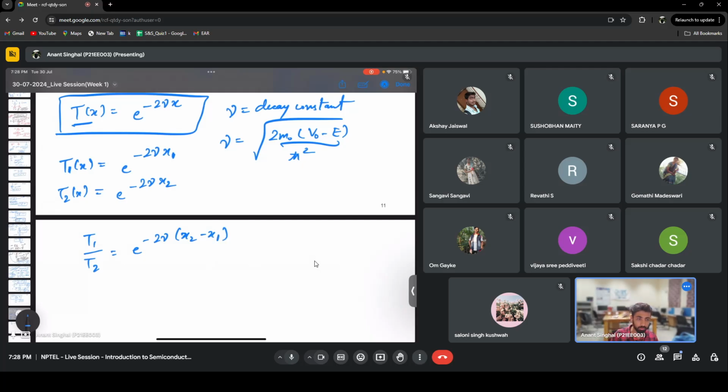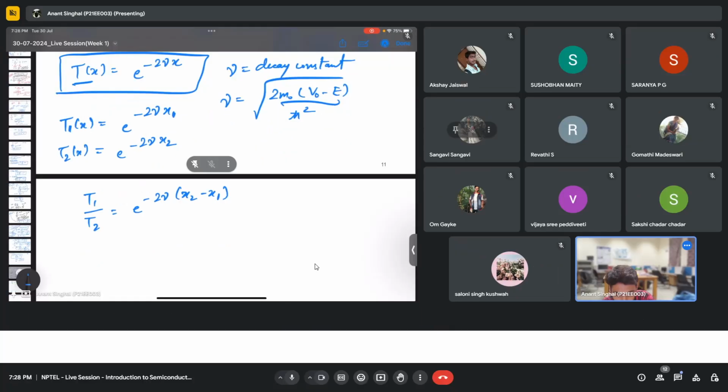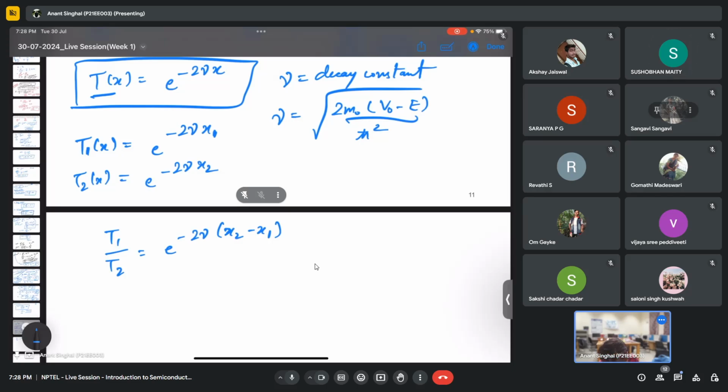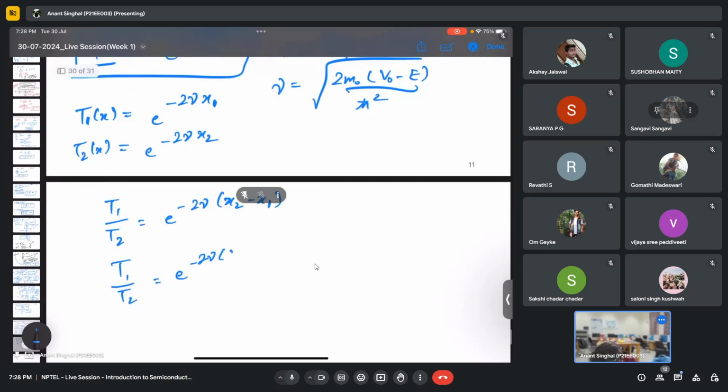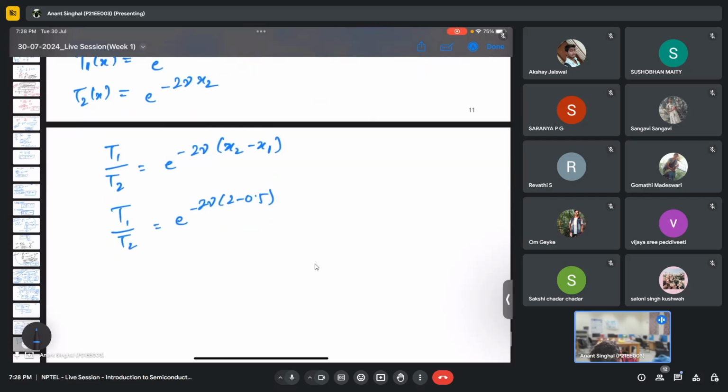Does it make sense? Is it clear till now? Yes, sir. So we already know that x2 is 2 nanometer, so this will be 2 minus 0.5. So T1 is an exponential of a positive term, let's say 1.3 gamma, times T2.